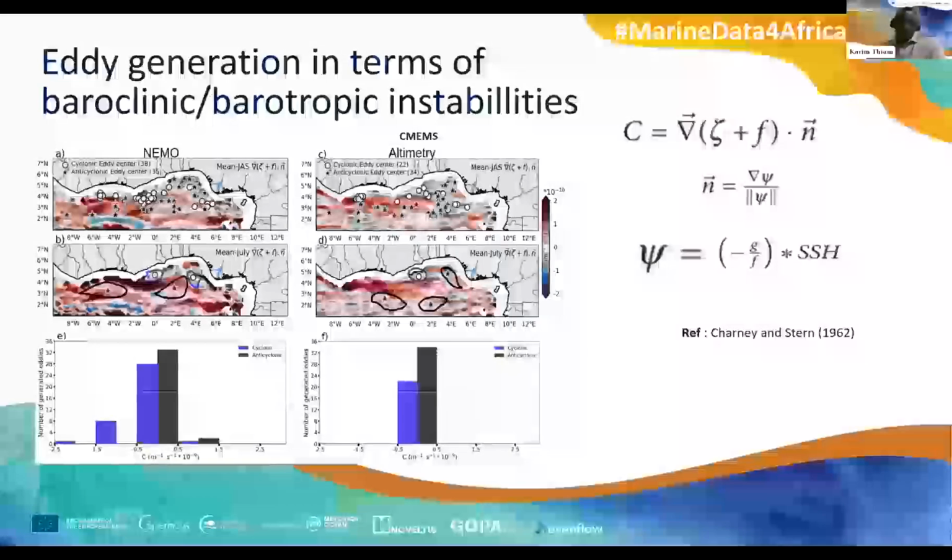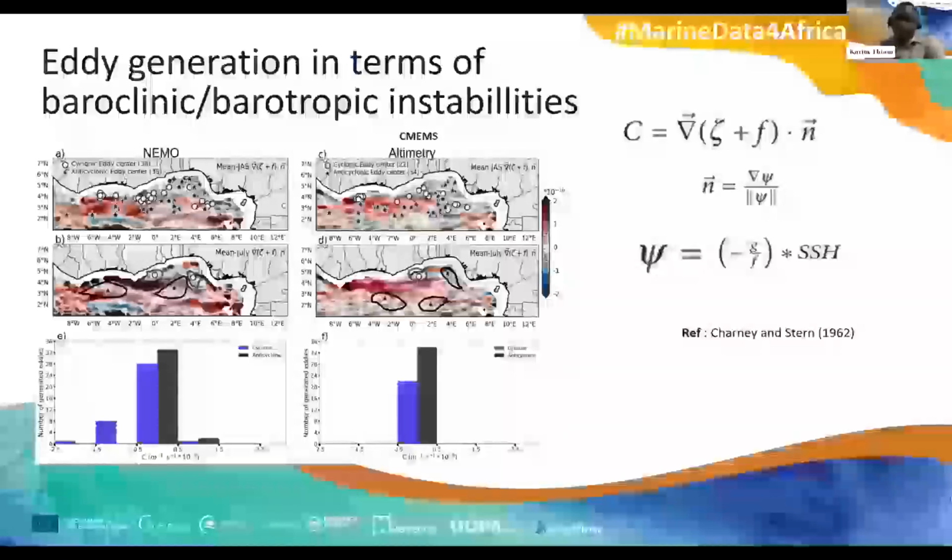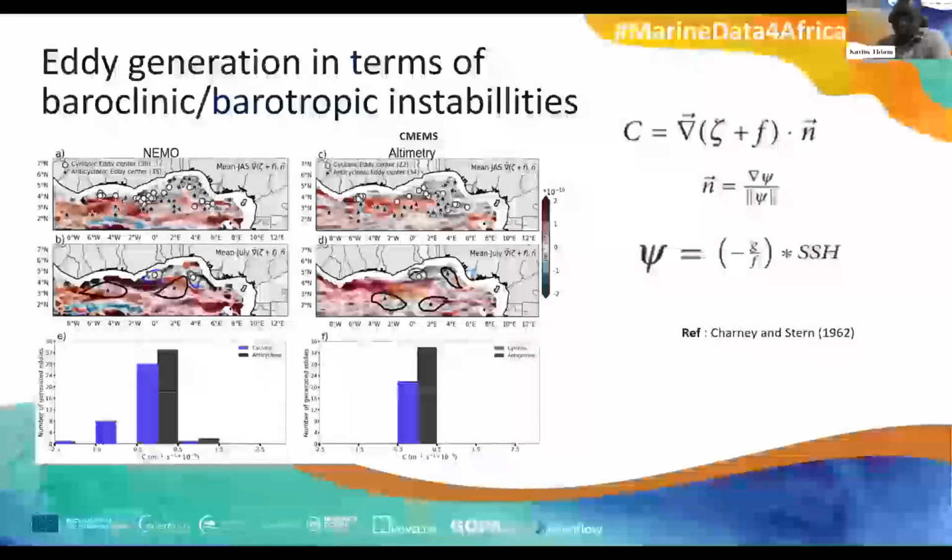To try to explain the mechanism behind the generation of the eddies, in terms of barotropic and baroclinic instability, the question is based on the gradient of the potential vorticity.